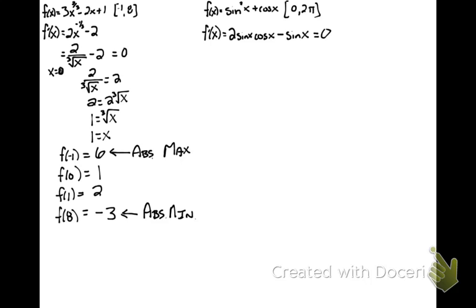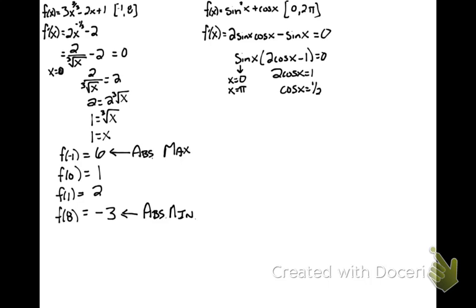If I factor out a sine x, this will become sine x times 2 cosine x minus 1 equals 0. The sine of x equals 0 on this interval at x equals 0 and at x equals pi. 2 cosine x minus 1 will equal 0 whenever 2 cosine x equals 1, or whenever the cosine of x is 1/2.